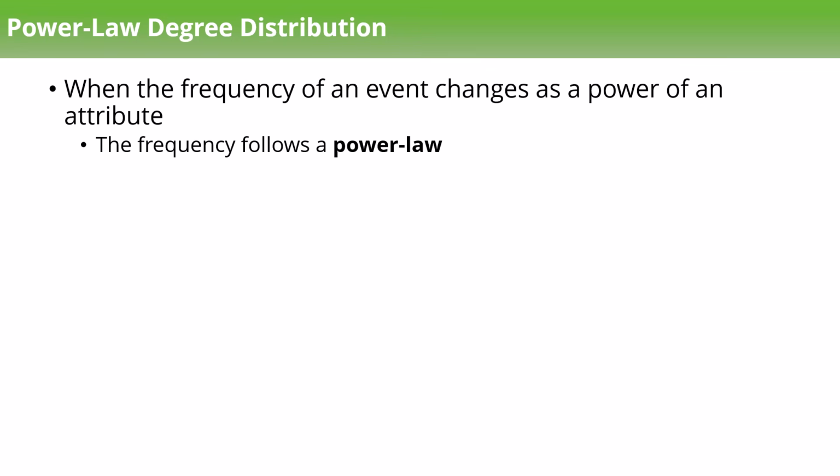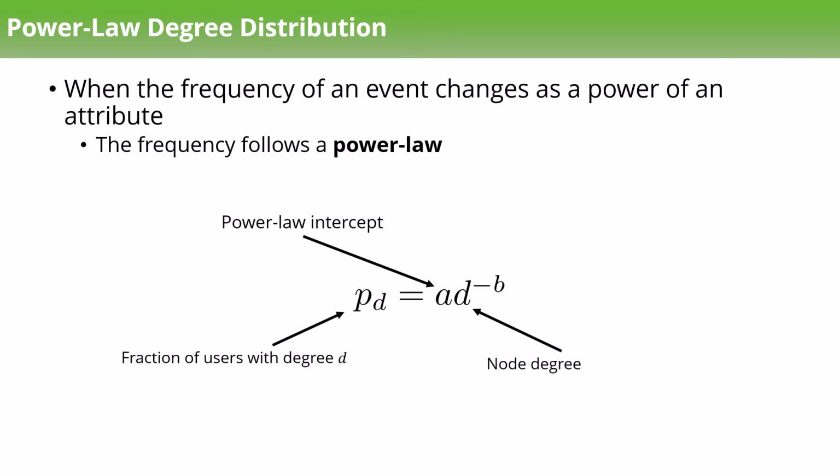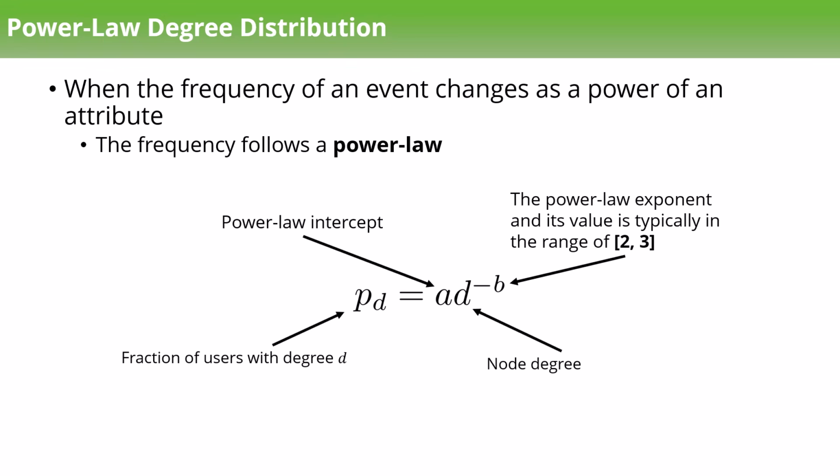Far fewer may have 500 friends. A tiny number have 5,000 friends. The exponent of the power law, often written as B, is typically between 2 and 3 in real world networks. So the power law is P(d) = A times d to the power minus B, where d is the node degree.